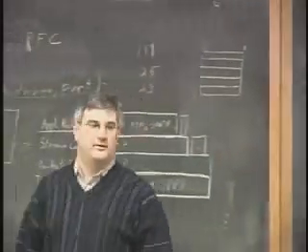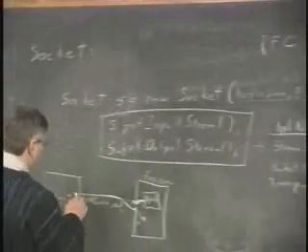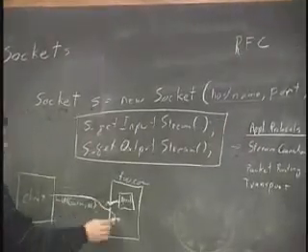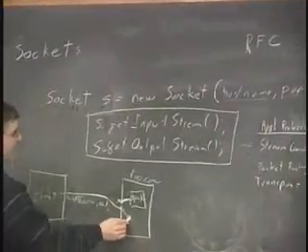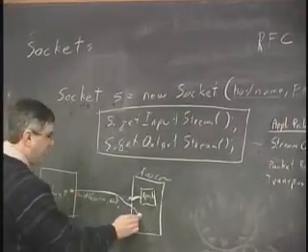waiting for somebody to connect to you. As soon as somebody does connect to you, it will take the end of the socket that they're trying to create, create a socket on your side that corresponds to the stream on their side, and return that to you.